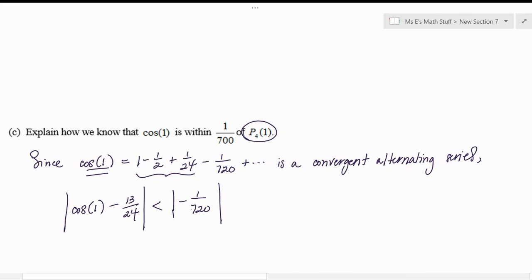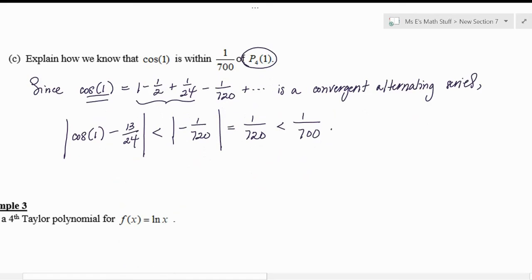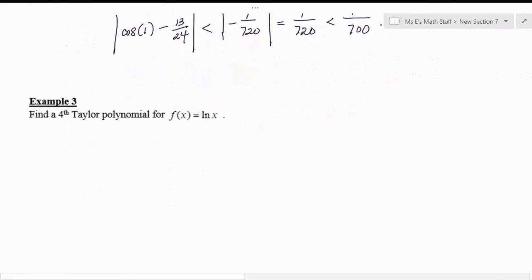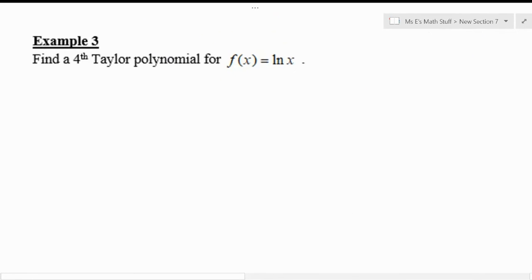And then if you simplify this, you'd end up with 1 over 720, which is less than 1 over 700. There we go. And that is how we know that the cosine of 1 is within 1/700th of P sub 4 of 1. Just a little throwback to the alternating series remainder theorem for you.